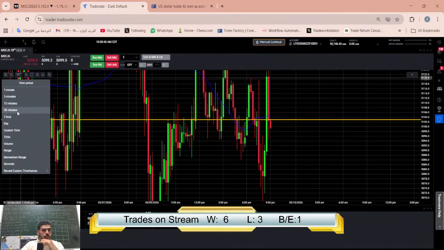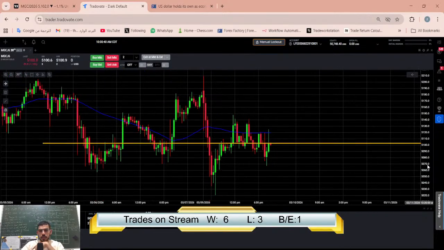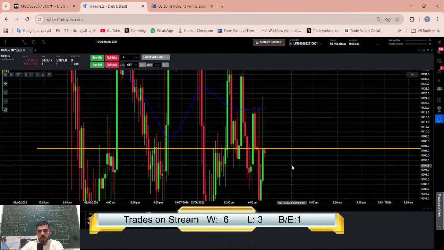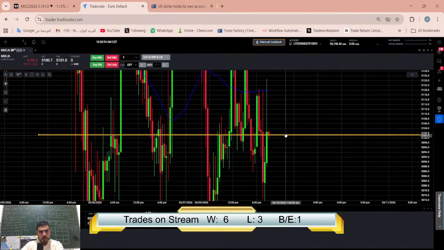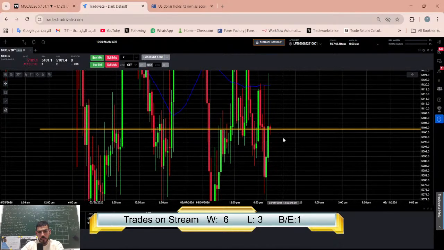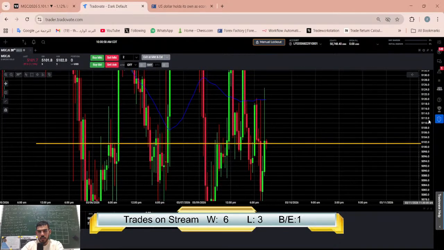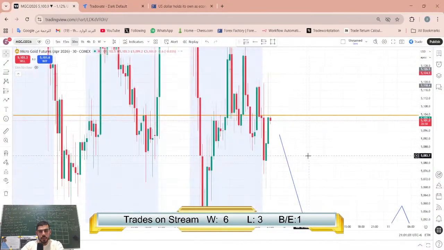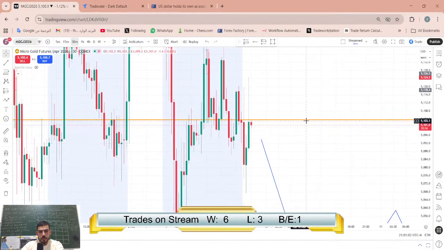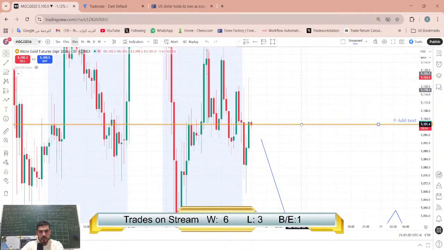We could anticipate some sales here, or even better if we got a closure. Looks like this candle closed above here, so we just need a nice bottom wick. Yep, it looks so good on the 30. On the 30, the line is actually here.